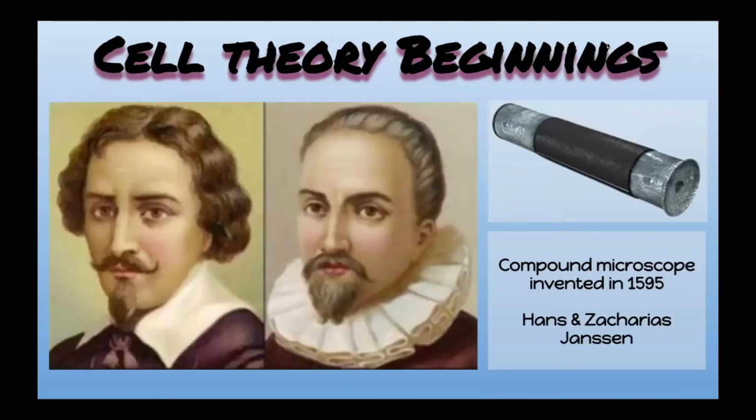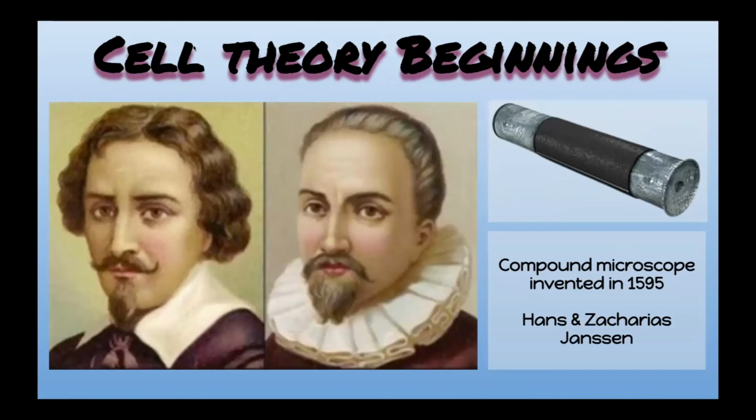Okay, so the first people that really made an impact on cell theory are these two, the father and son duo, Hans and Zacharias Janssen. Sorry, I almost messed that one up. They invented the compound microscope in 1595.